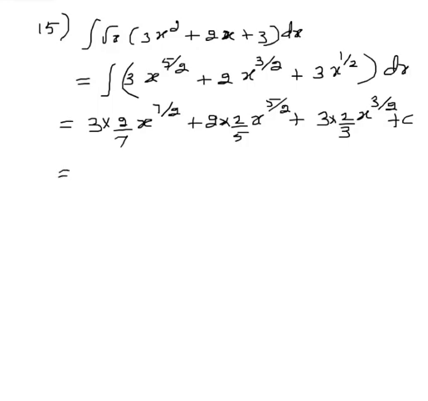Let us multiply these numbers and write the final answer. 6 by 7 x raised to 7 by 2 plus 4 by 5 x raised to 5 by 2 plus 2 times x power 3 by 2 and plus c.